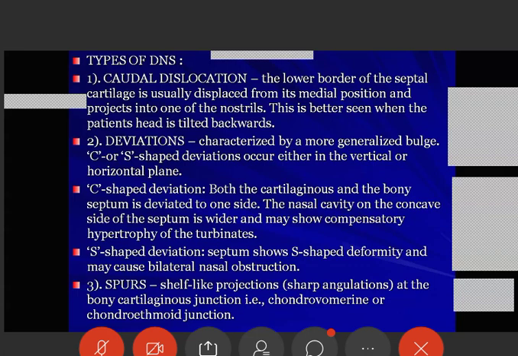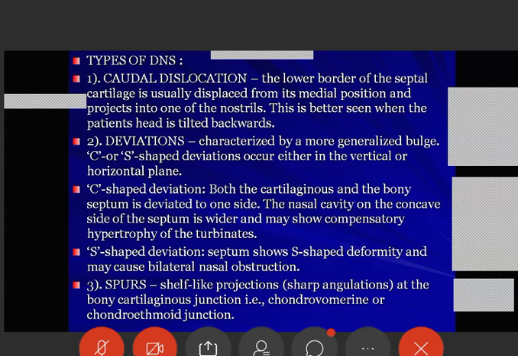So when this anterior part is not kept in the columella, it projects into the nostrils, either to the left or the right. Whenever you do a tip elevation, you can see a projecting part into the nostril, either to the right or to the left, depending on the side of the dislocation.